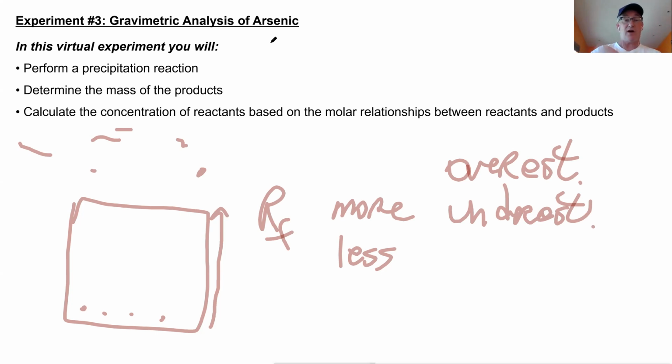And if you leave it long enough, the spots will all end up on the top. The spots aren't going to evaporate because those molecules are big. They're not going anywhere. But the solvent molecules are small, so they're going to evaporate. And so the D solvent stays the same because it's just the top of the paper.